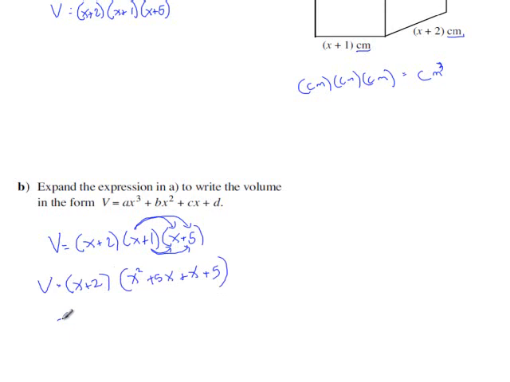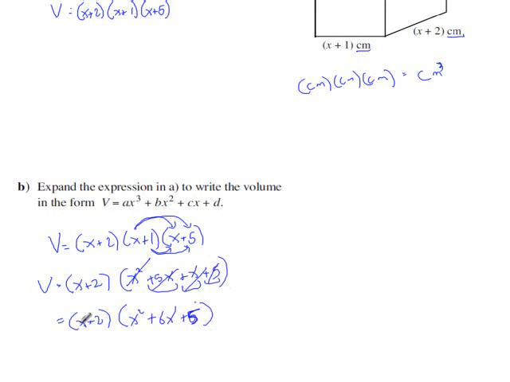So, I still have the x plus 2. Simplifying inside this bracket, I have an x squared term. Your x terms are 5x and a positive x, so 5x plus x is 6x. And then a plus 5.